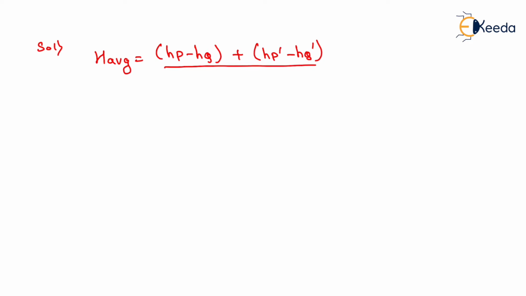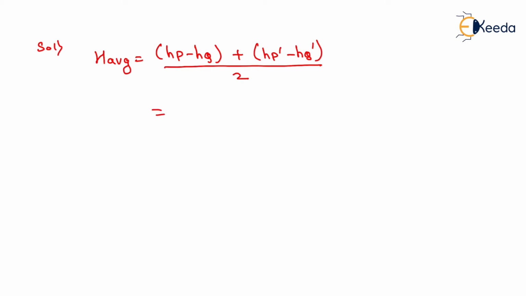We know that the differential level, that is H average, can be calculated by (HP minus HQ plus HP dash minus HQ dash) divided by 2.